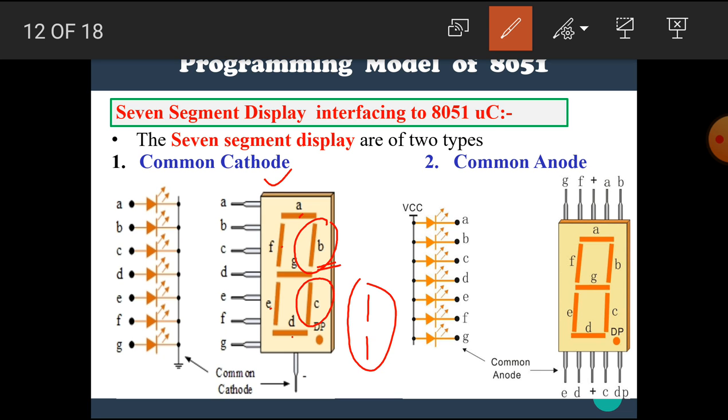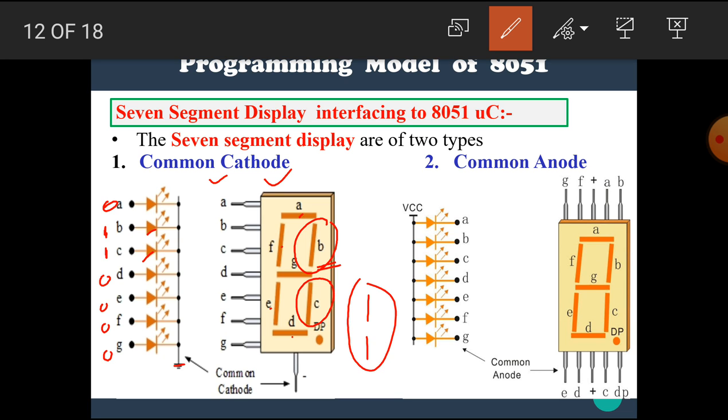To turn on means the B LED and the C LED should be on. We are looking at the common cathode, which means the cathodes are grounded. Hence, only the segments B and C should have the value 1, while the other segments should have the value 0 to remain in off state.